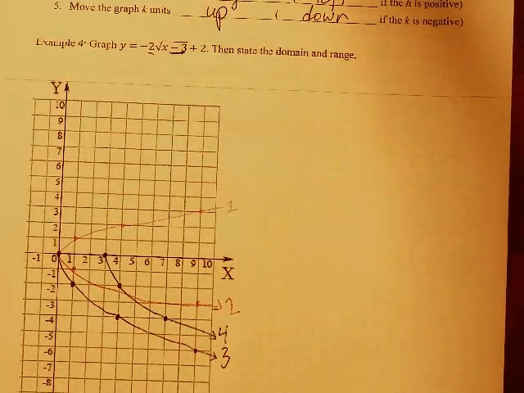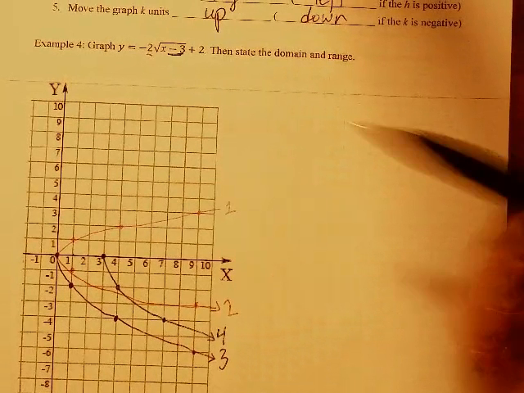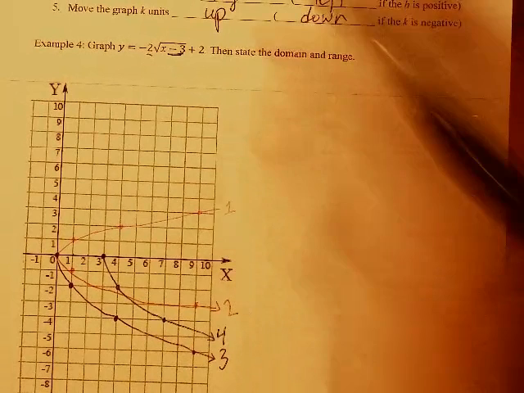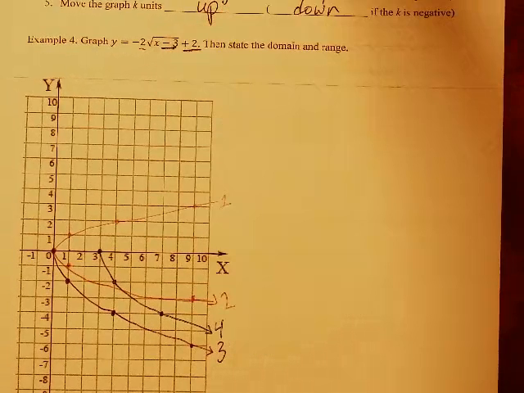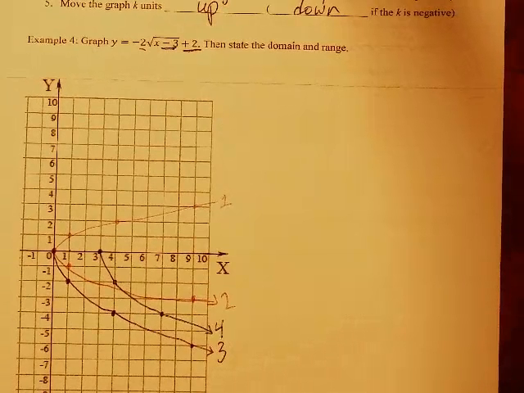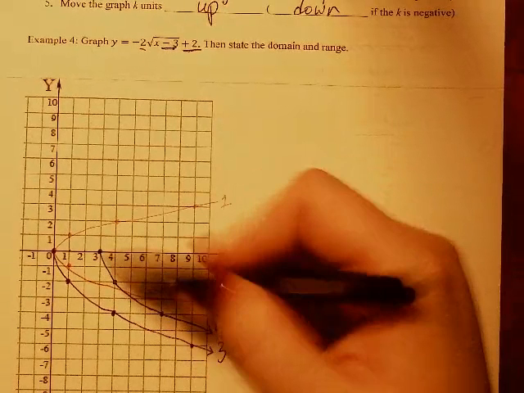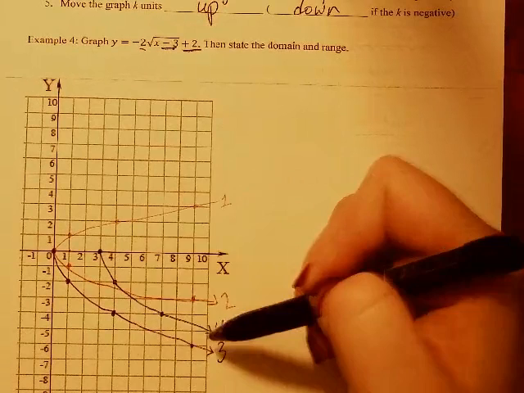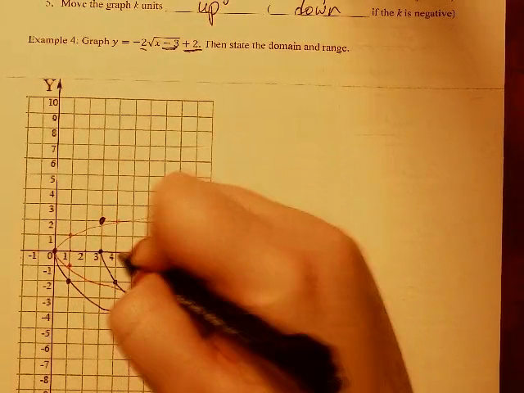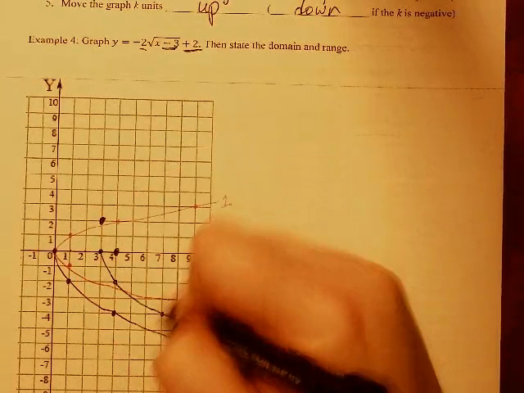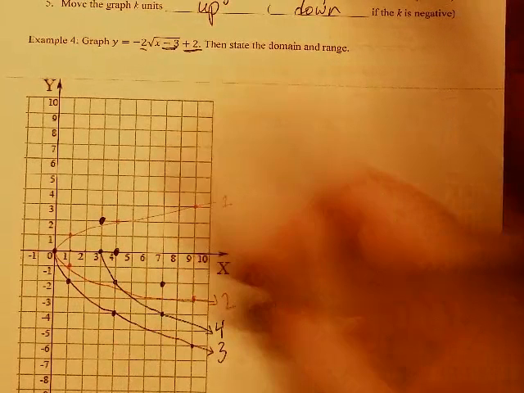And then our last step is to move the graph up or down. So we have a plus here, a plus 2, so we're going to move it up. So this is our graph number 4, so we're going to move this up 2. So here, here, here, and then off the paper.